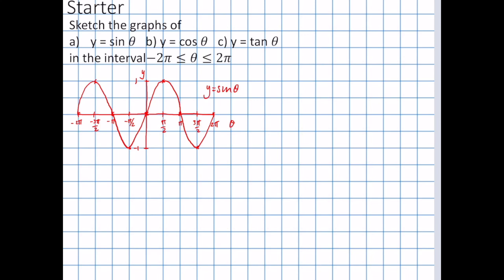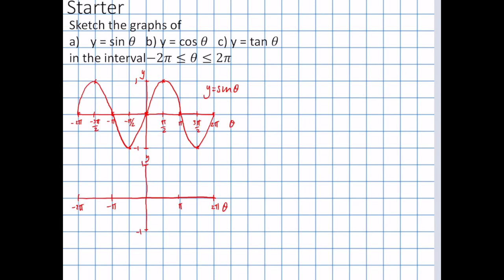Let's do cos theta. So we've got pi and 2 pi, minus pi and minus 2 pi here. 1, minus 1, this is theta, this is y. This time cos of 0 is equal to 1.